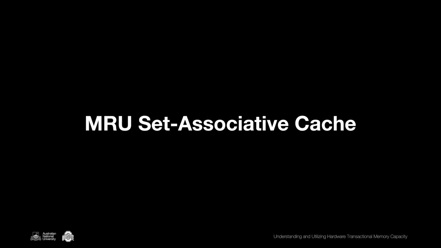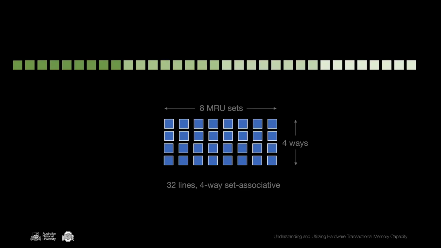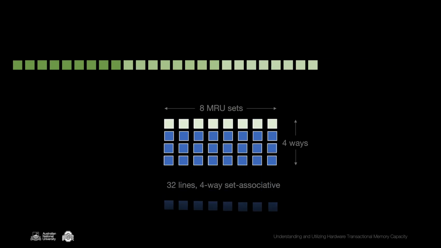So, how would the cache behave with MRU? As before, we have a cache full of existing data in blue. When we start a transaction, instead of evicting the least recently used blue lines, which are at the bottom, the cache evicts the most recently used blue lines, which are at the top. This is fine so far.